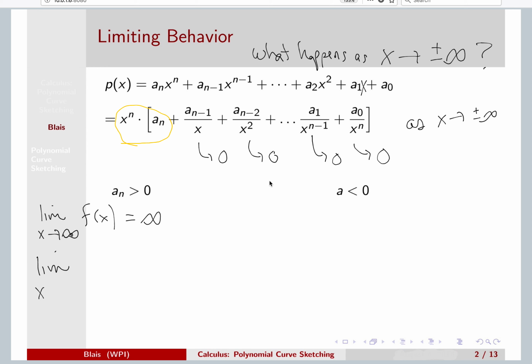As x goes to minus infinity, we have to break cases down. So note that a sub n is positive. If x is going to minus infinity, the x term here being raised to the n power is negative. And so we have different cases that depend on if n is even or odd.